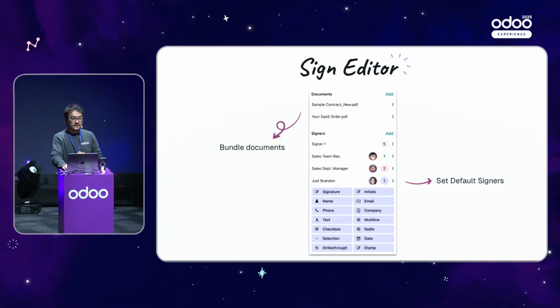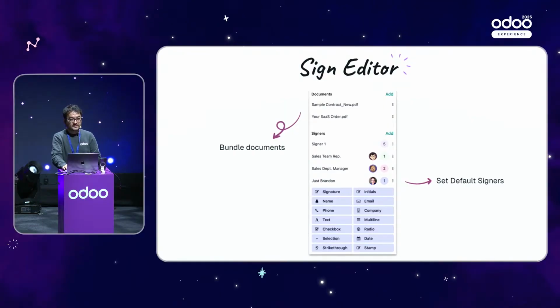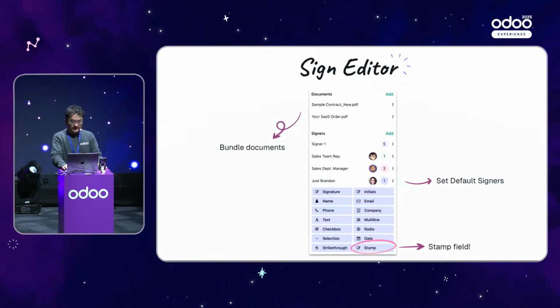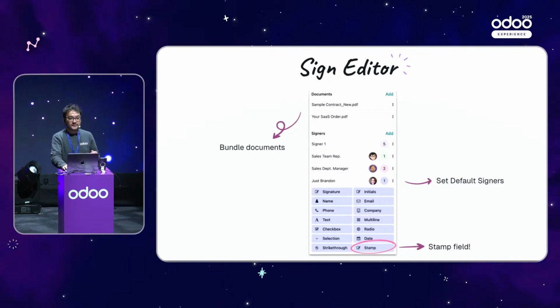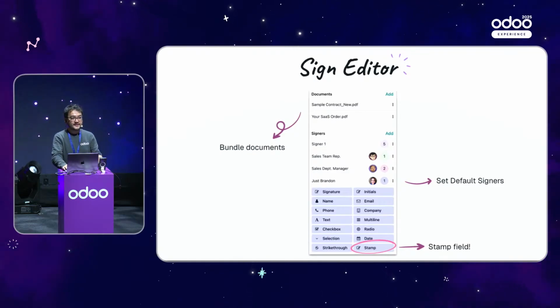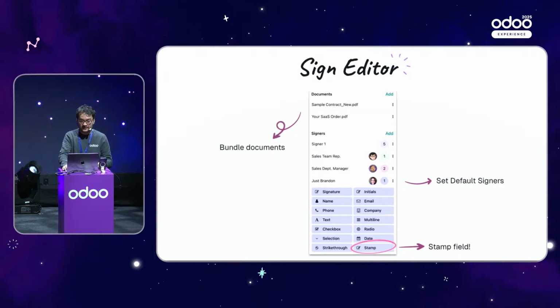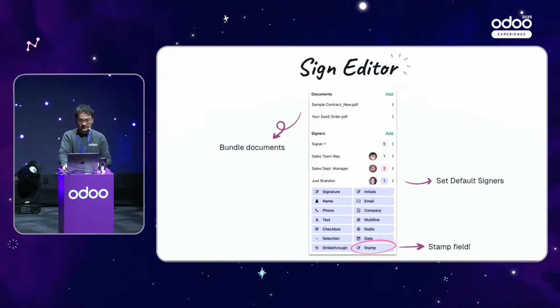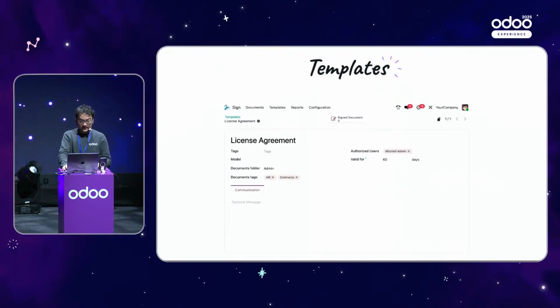So all of that is now done automatically. All you need to do is just send it, and everyone gets notified at the right time, at the right place. Okay, what else? We've got a stamp field, so it's now possible for companies to just stamp it instead of putting their signatures. There's a lot of small other stuff, which I'll go through after.